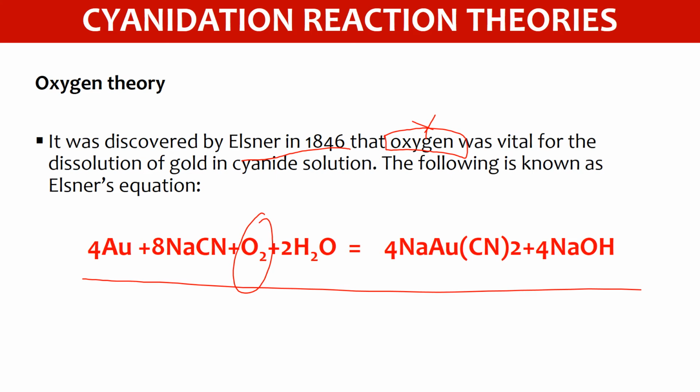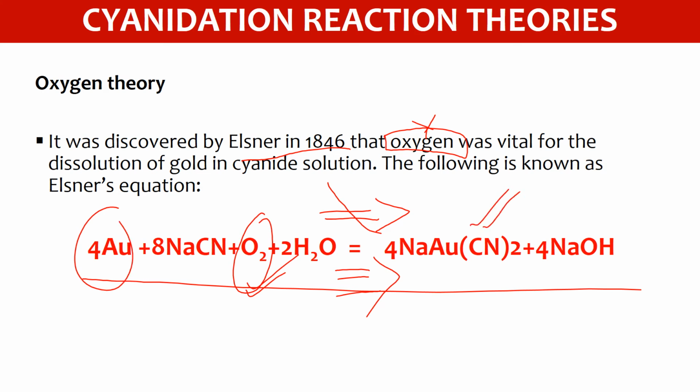This researcher made the discovery that without oxygen, this reaction cannot proceed at the rate we would want for gold leaching. However, when you put in oxygen, the rate of dissolution of your gold can actually be much faster.